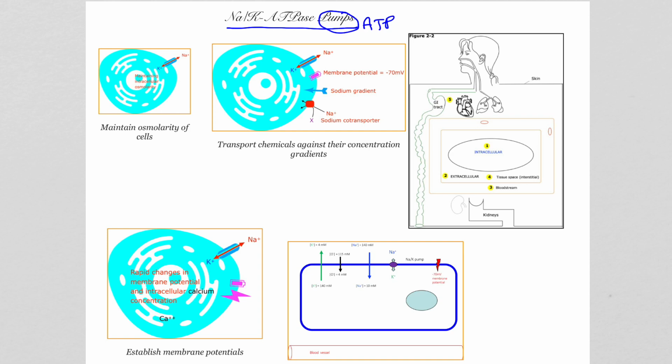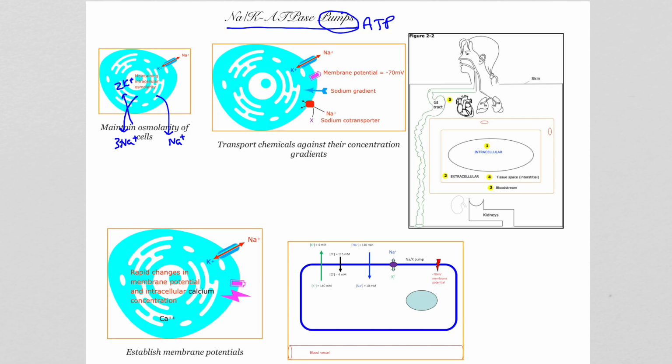And what these pumps do is basically pump 3 sodiums out of the cell in exchange for 2 potassiums into the cell. So basically the net is that the pumps are continuously removing a sodium particle out of the cell.